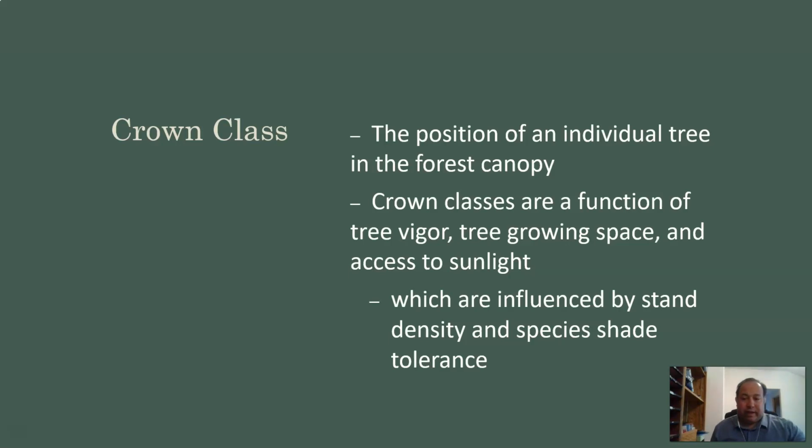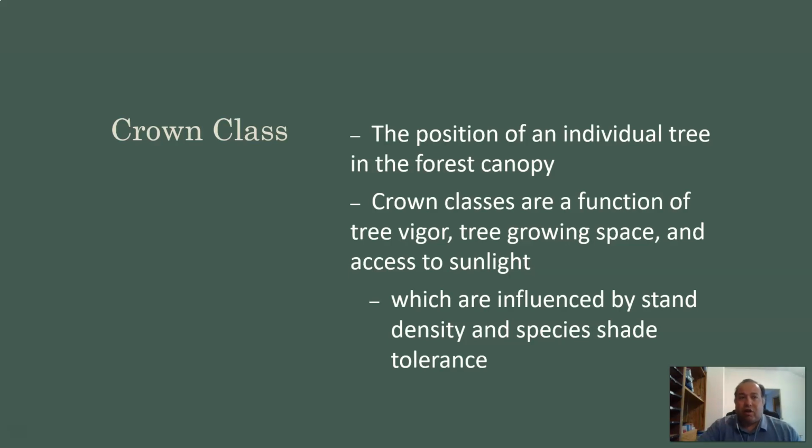And so because we have competition in our basic understanding of ecology, we're going to try and understand that by talking about crown classification. And the crown class is the position of an individual tree within the forest canopy. And so crown class is going to be a function of tree vigor.